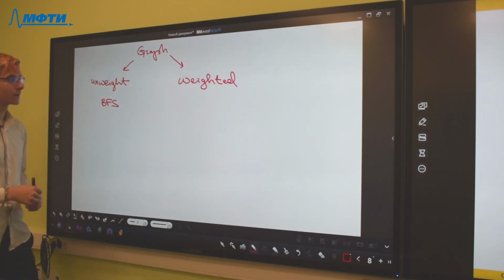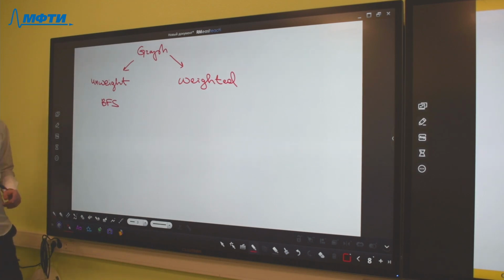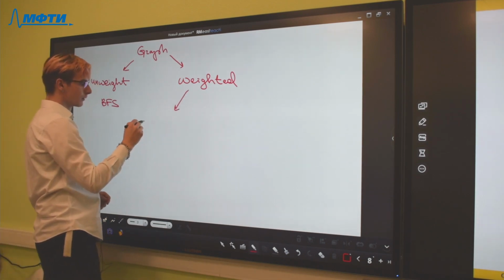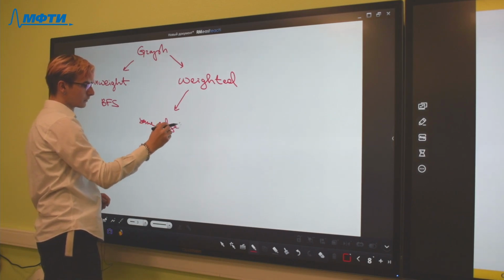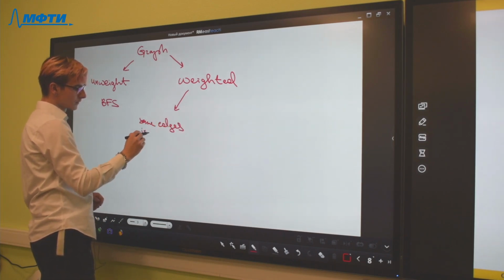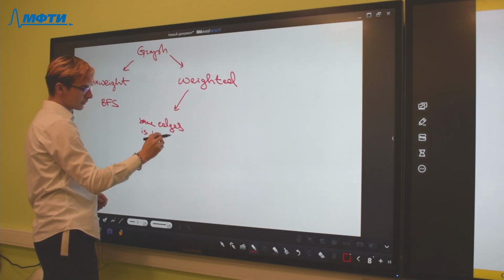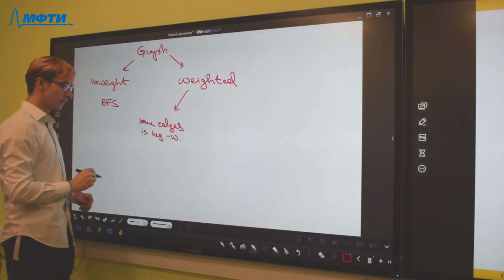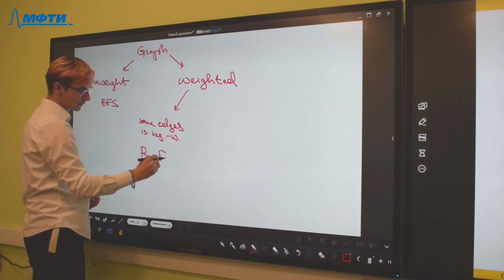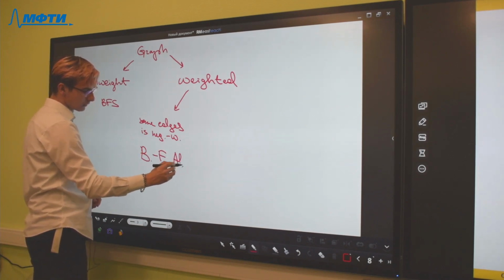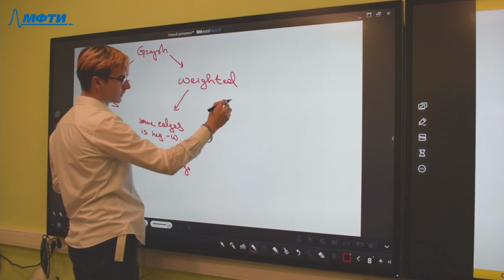If it is weighted, and some edges have negative weight, then we use Bellman-Ford.